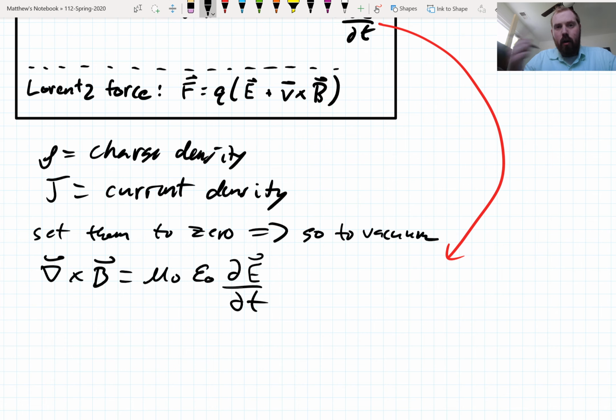This should remind you of our laws of induction, that if one guy's changing in time, it's inducing another one that's rotating. Think of the current through a long straight wire. It's a rotating magnetic field. And we're left with this quantity, mu naught epsilon naught.